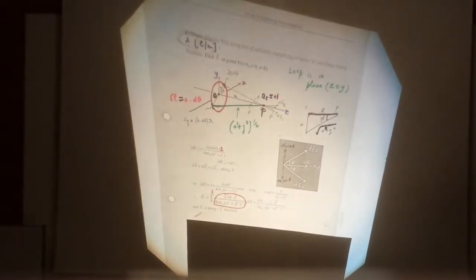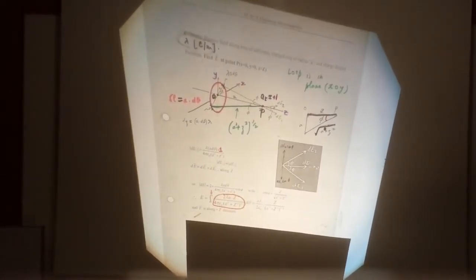Something called the observation point, focus as P. The coordinate systems are X, Y, Z, like here. But the coordinate system for the source, like here, they don't call it X, Y, Z. They call it X prime, Y prime, Z prime, and they call it theta prime, so that we don't mix up. This is more advanced.